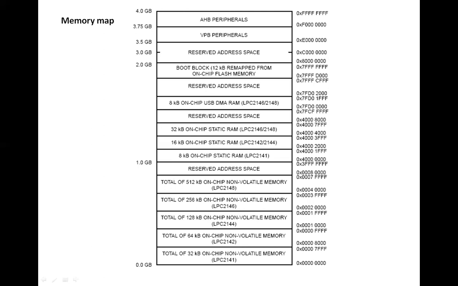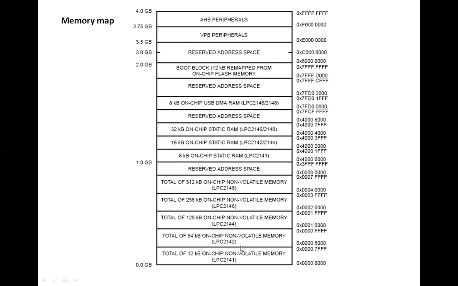On the left hand side the memory status is given from 0.0 GB, 1.0 GB up to 4.0 GB, and on the right hand side you can see the addresses. In between you can see many sections are given. These sections highlight which part will have which type of memory.